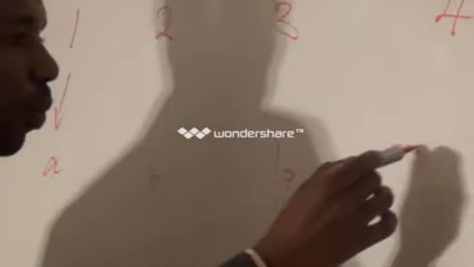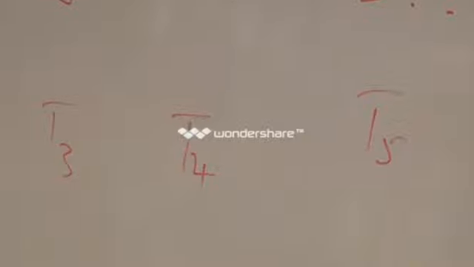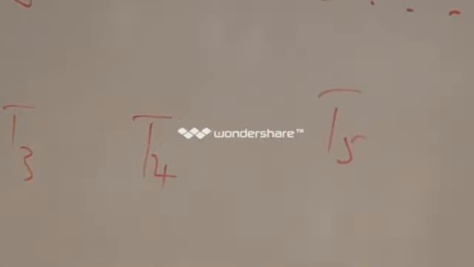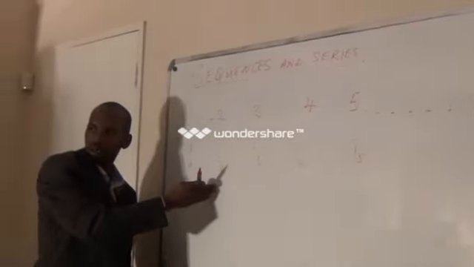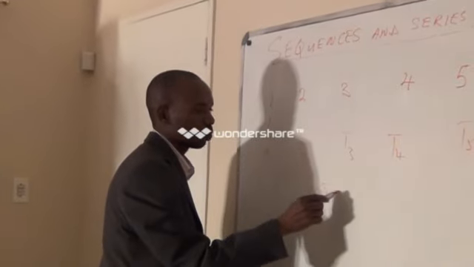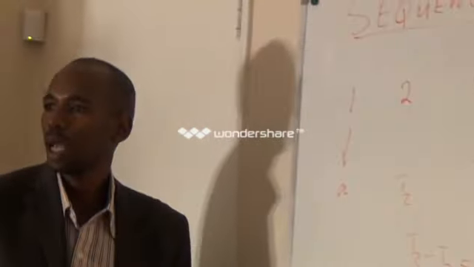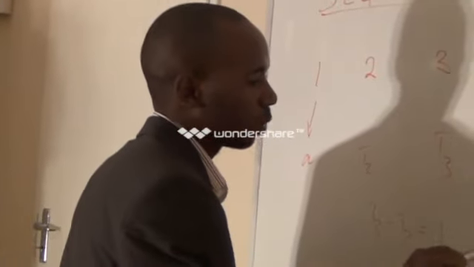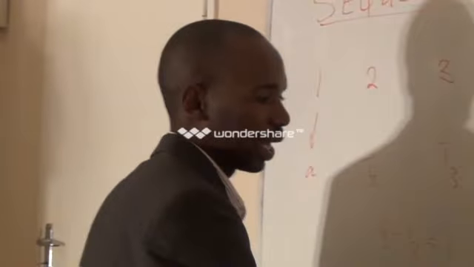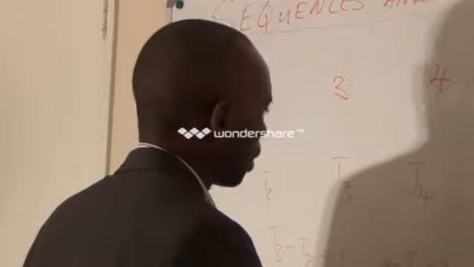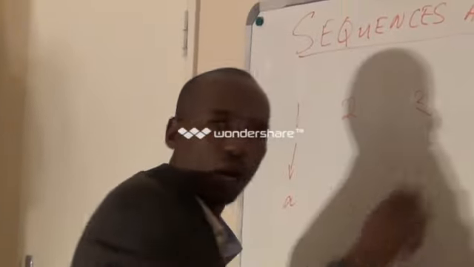For example, if I look at T3 minus T2, the term minus the term just before it, I'll get 1, 3 minus 2. If I do exactly the same thing, T4 minus T3, I get 1 again. T5 minus T4, 5 minus 4, 1 again.